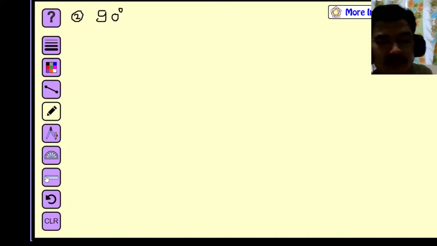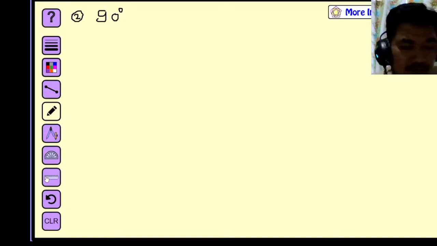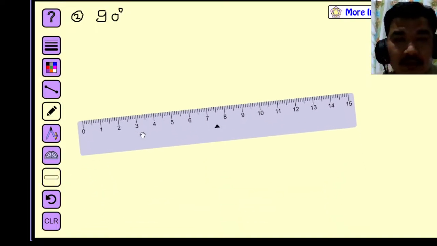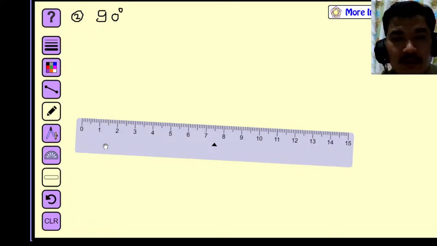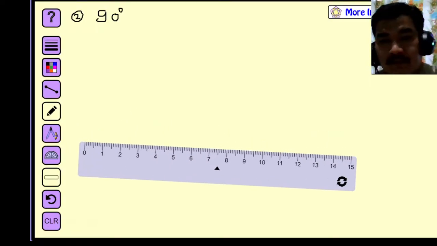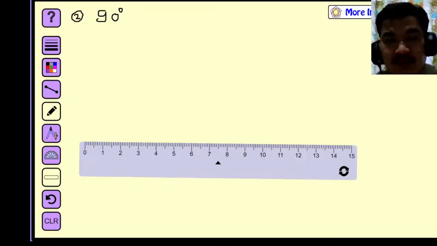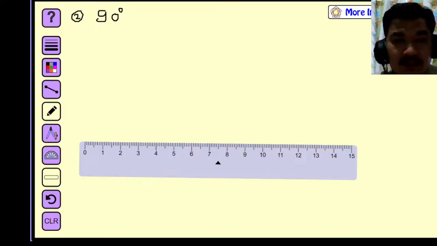Then here look, children. First of all, draw one horizontal line. For this 90, left side and right side will be the same.